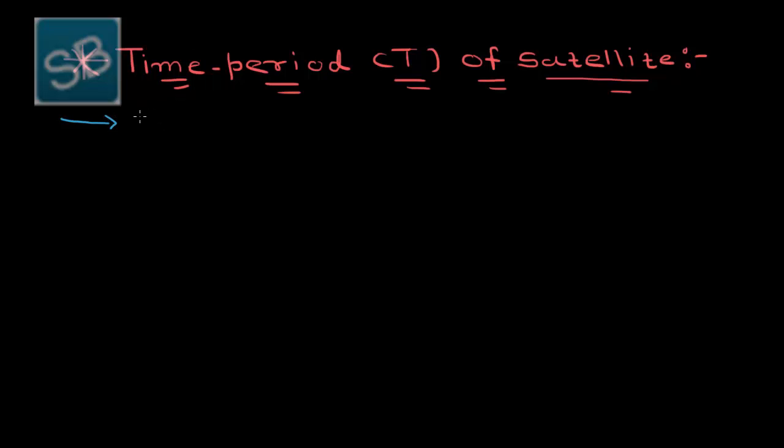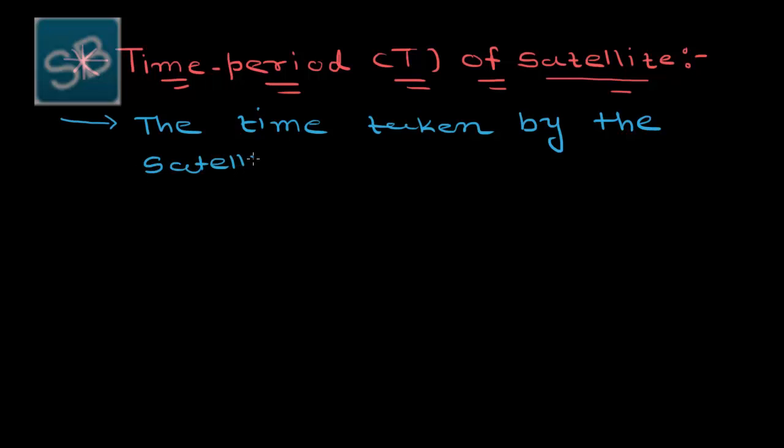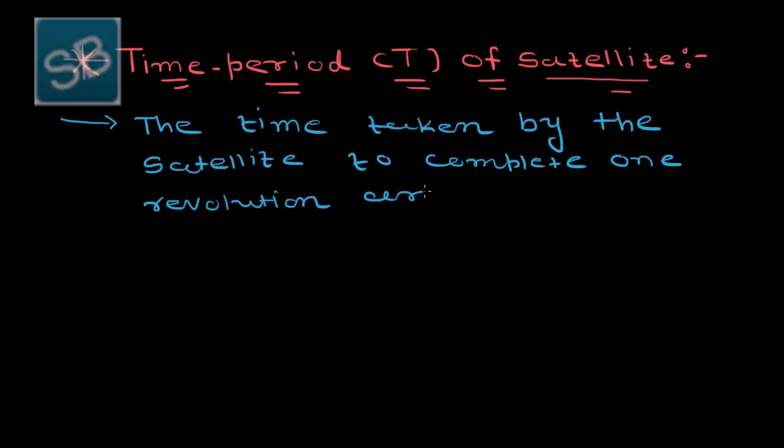The time which is taken by the satellite to complete one revolution around the earth is called its time period.